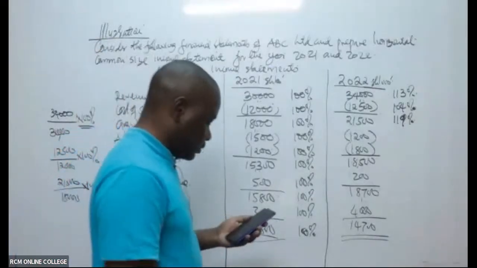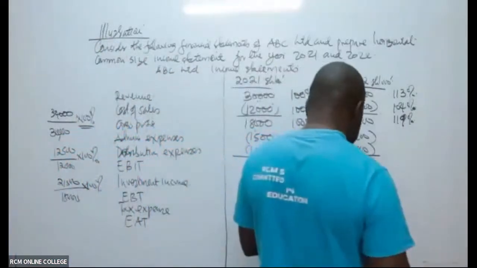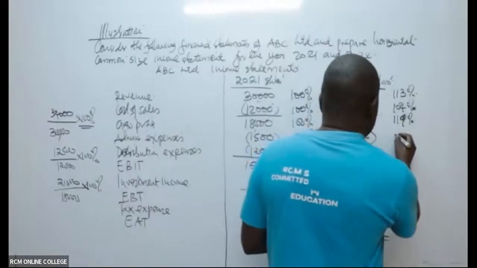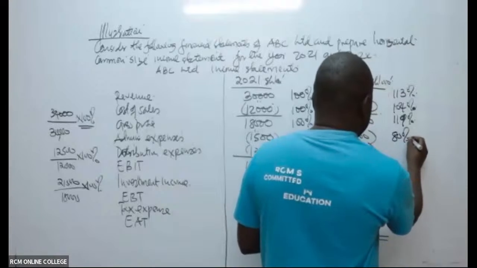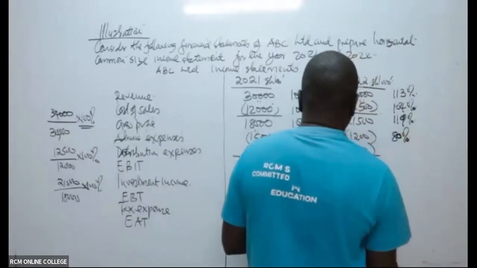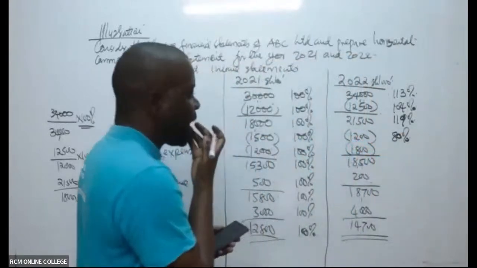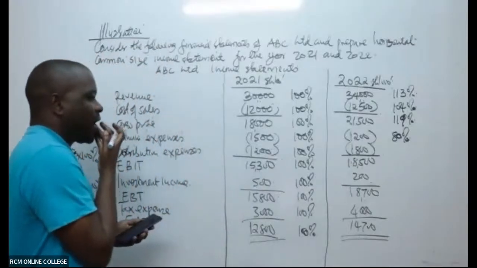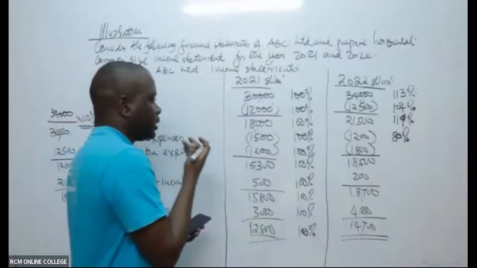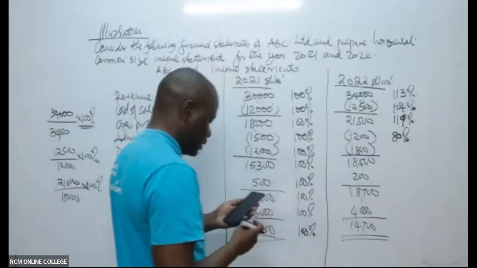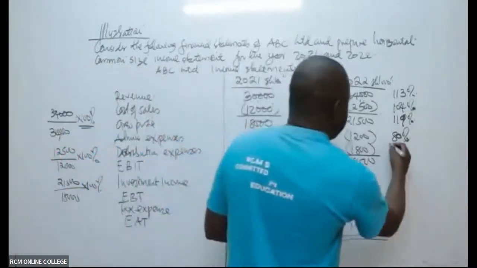Then 80%. So this one is 80%. What about this other one? After 80%, I can see 150%.